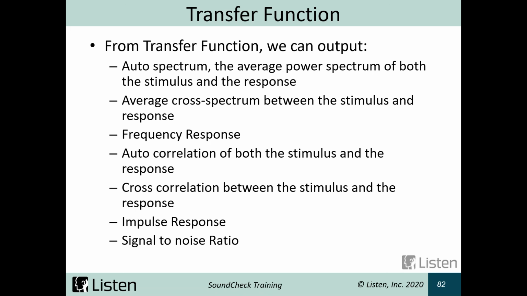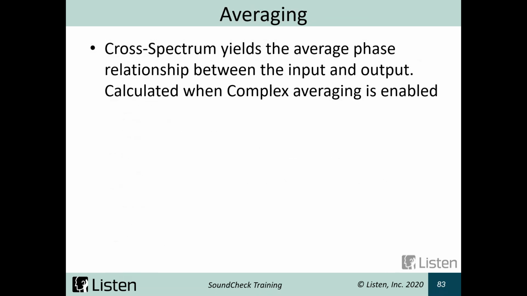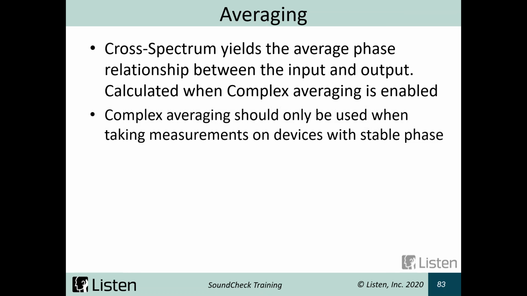We talked about the auto spectrum. So the cross spectrum yields the average phase relation between the input and the output. This is calculated when complex averaging is enabled. This is calculated really only when we have something that has stable phase.